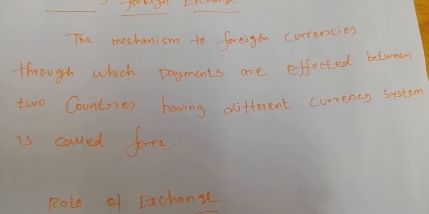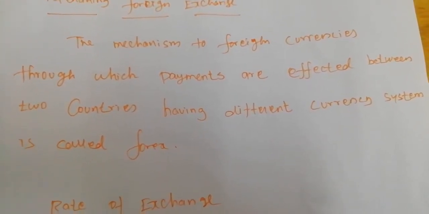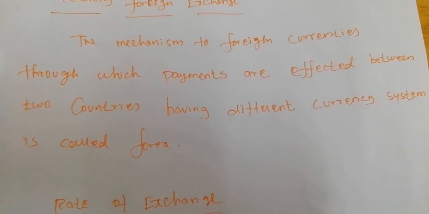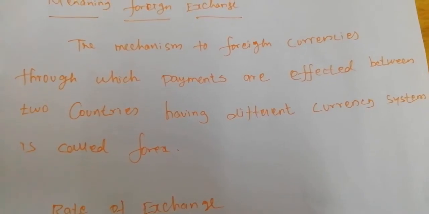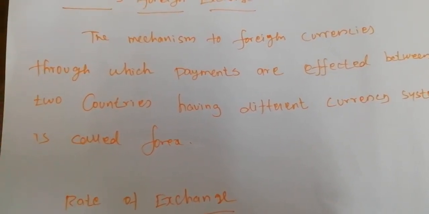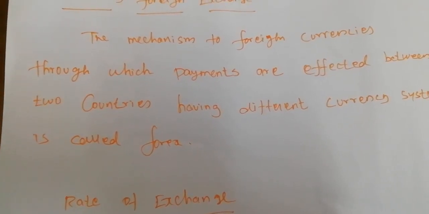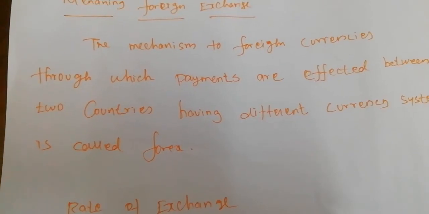Whenever we want to pay other nations, we have to pay in their foreign currencies, and we receive in the form of our currencies. The mechanism through which payments are effected between two countries having different currency systems is called the foreign exchange system.